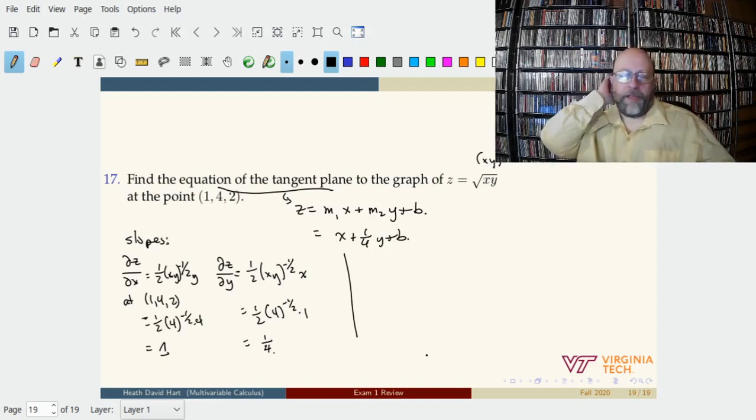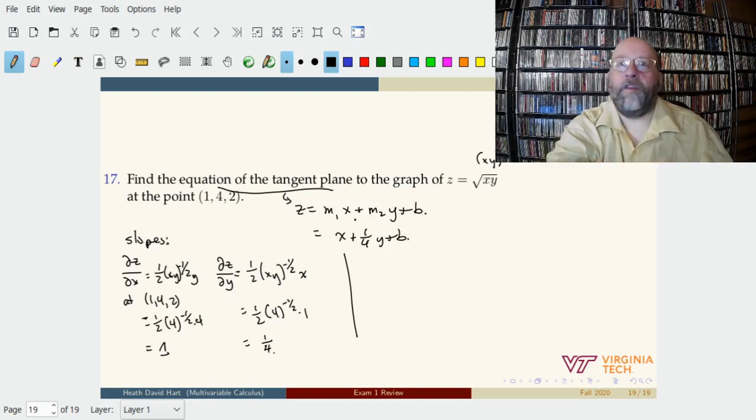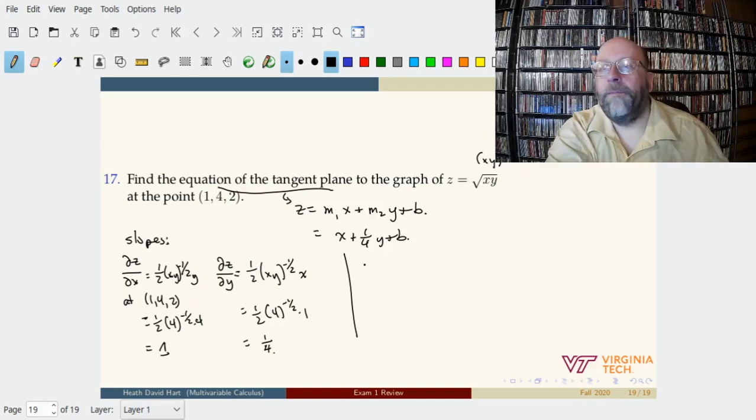So now to find the intercepts, we use this equation and we plug in the point. So that's z equals 2 is equal to 1 plus 1/4 times 4 plus b.